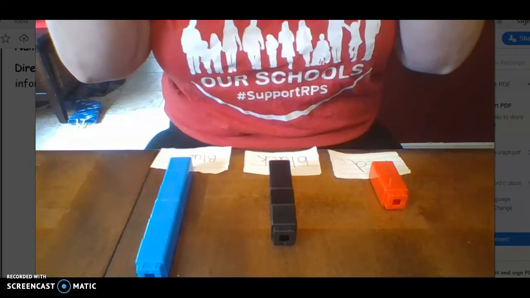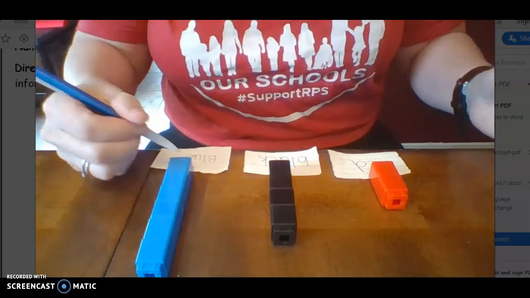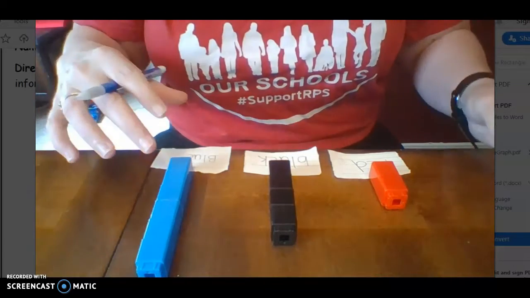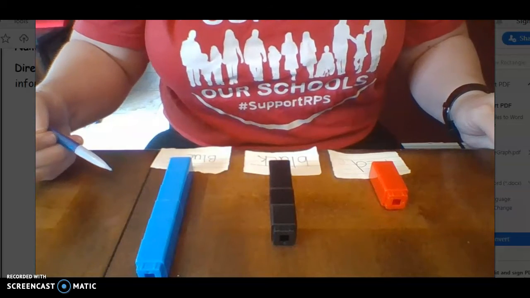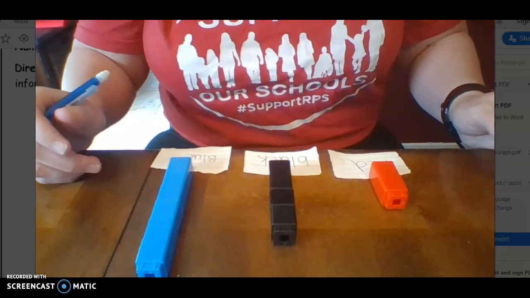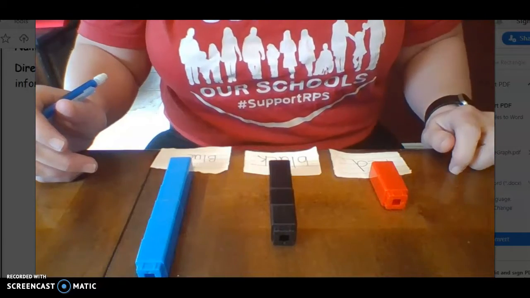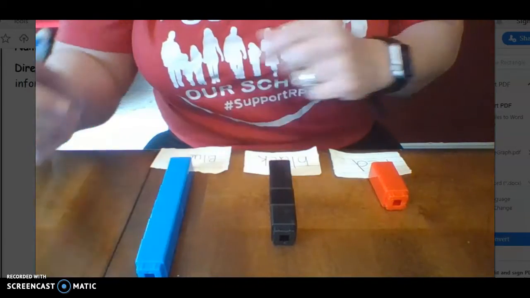I can use my eyes and say which one has the most, which one's got the biggest. It's blue, right? And I can tell that by just looking because my blue goes the highest. So that means I have the most. Which one has the least? Remember, least, smallest. Red, because it's only this big. Whereas my blue one was this big.